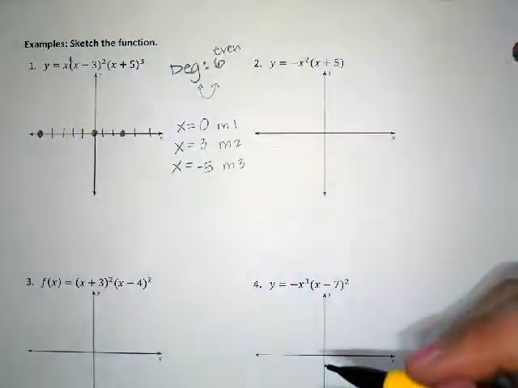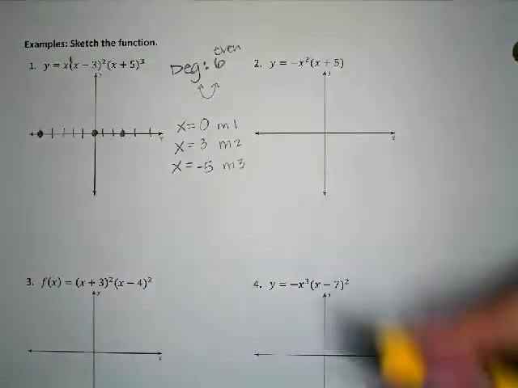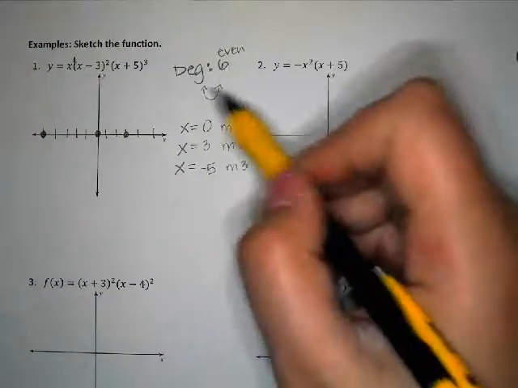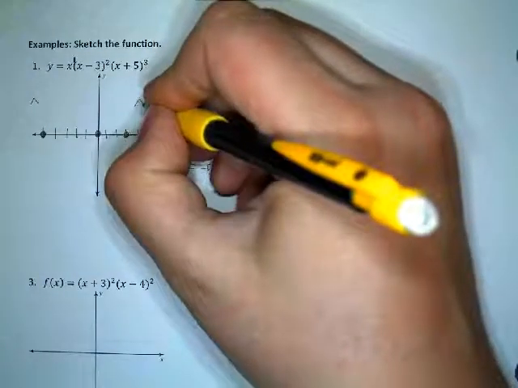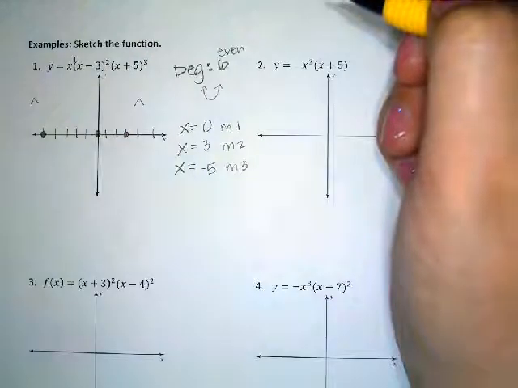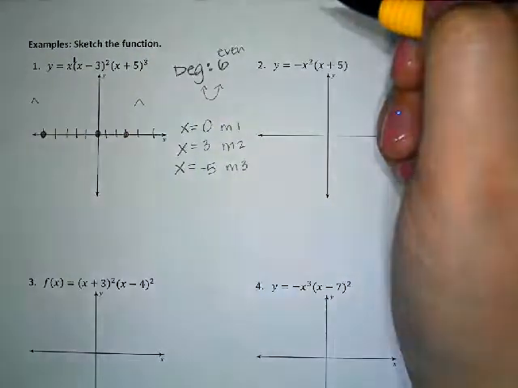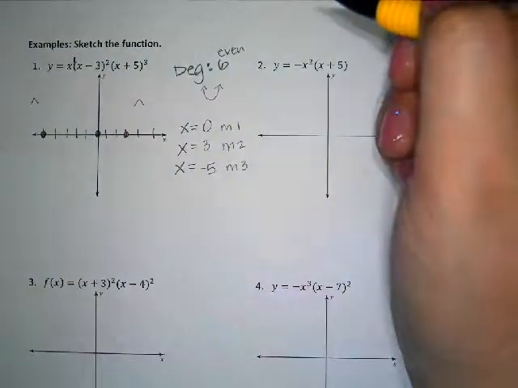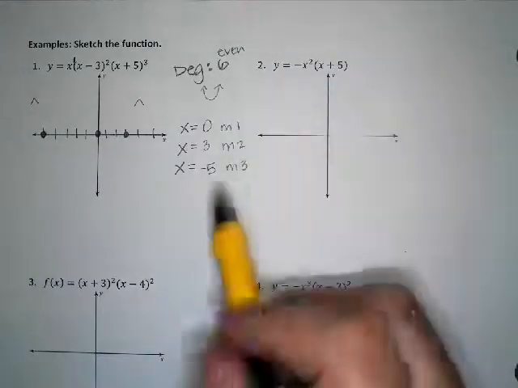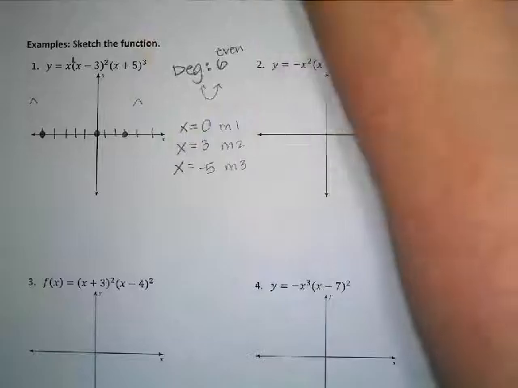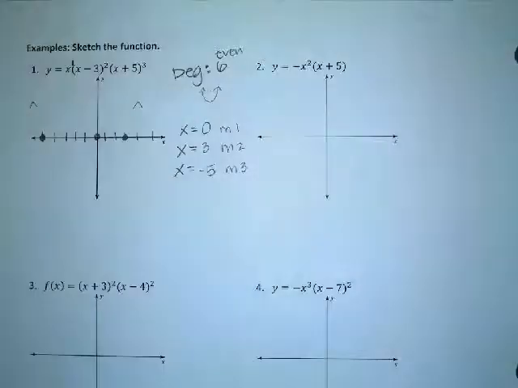I can see that both of my arrows are supposed to go up. So the first one that I'm going to draw is at negative 5 right here.